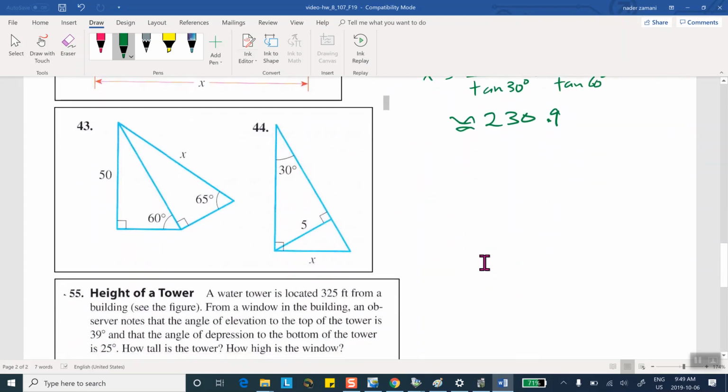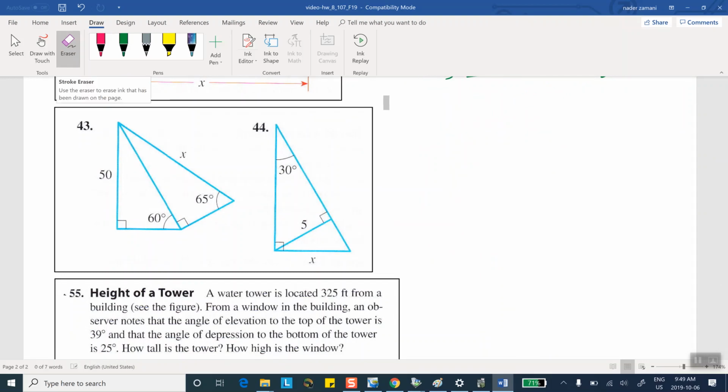Let's go ahead and deal with this problem. This is number 44. Okay, so it looks like we have to find this x. You may want to label some of these intermediate ones.